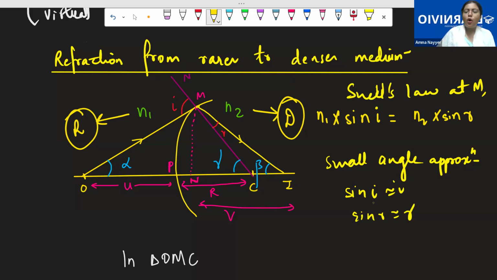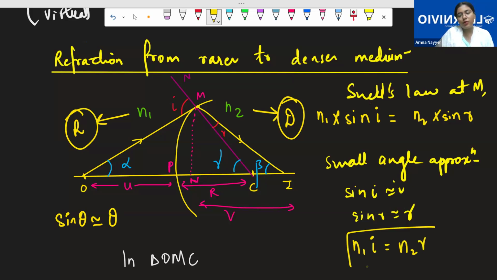So you can almost write sine theta as theta. So sine i can be written as i, sine r as r. I can make this equation N1 into i is equal to N2 into r after approximation. Am I clear?